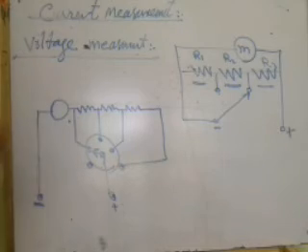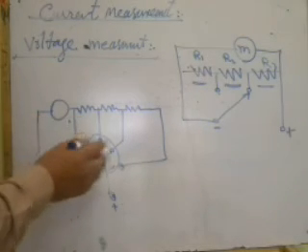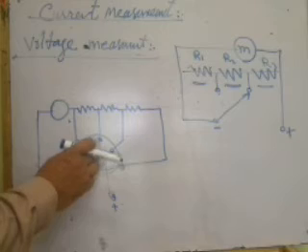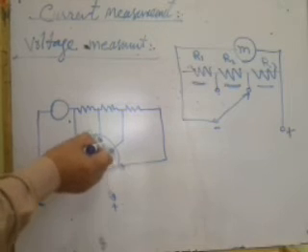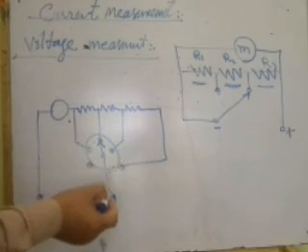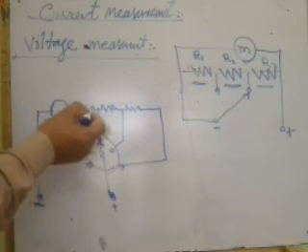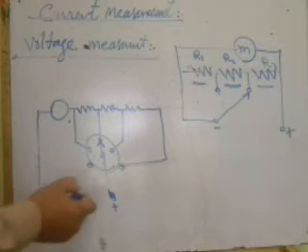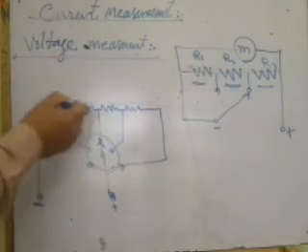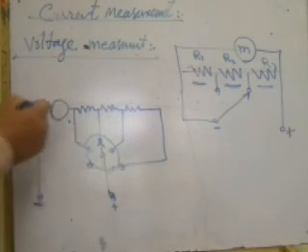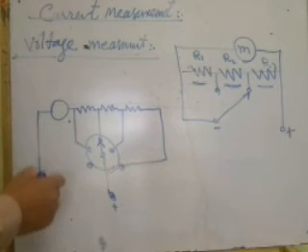If we want to change the range of the values, we will simply reconnect this terminal to this one. So now this time this resistance will be included in the circuit, and it will be acting for the measurement of the voltage like this.